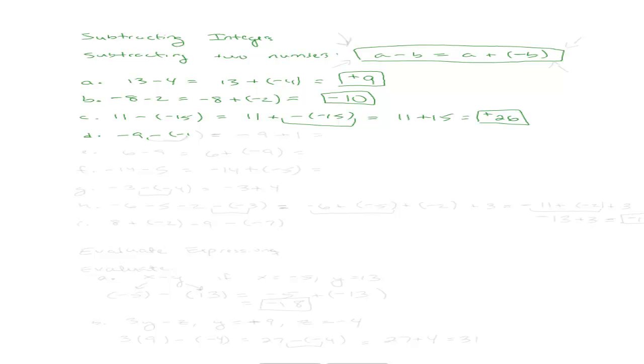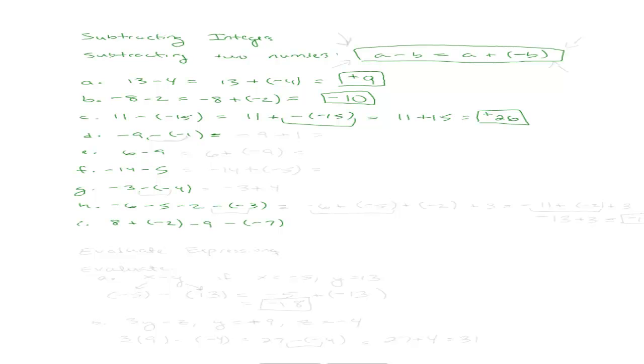So I'll let you do negative 9 minus negative 1, 6 minus 9, negative 14 minus 5, negative 3 minus negative 4, negative 6 minus 5 minus 2 minus negative 3, and finally 8 plus negative 2 minus 9 minus negative 7.